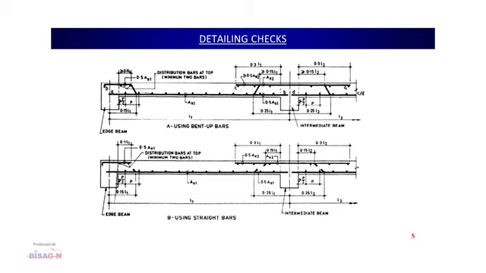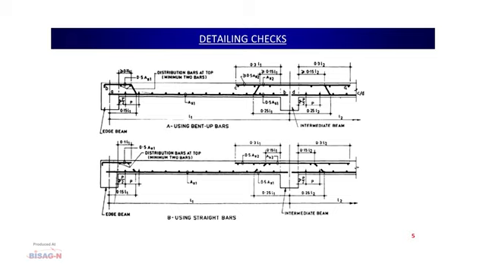Similarly, at the continuous edge, where the slab continues further inside this span, we have to ensure that 50% of the bars are allowed to continue inside this joint and 50% of the bars should be bent up and taken to the next slab span.